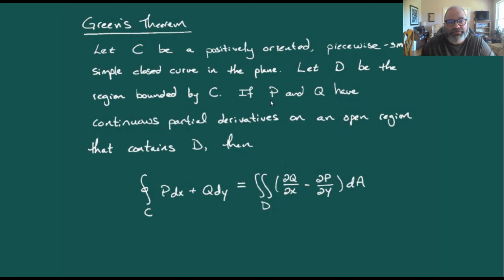And if we have a vector field with component functions P and Q that have continuous partial derivatives on an open region that contains D, then the double integral of the curl of that vector field over that region is going to be equal to the line integral of that vector field over the boundary.